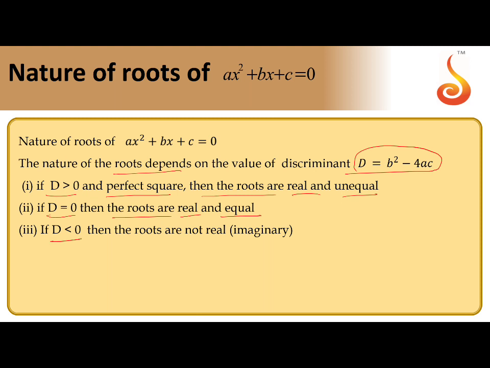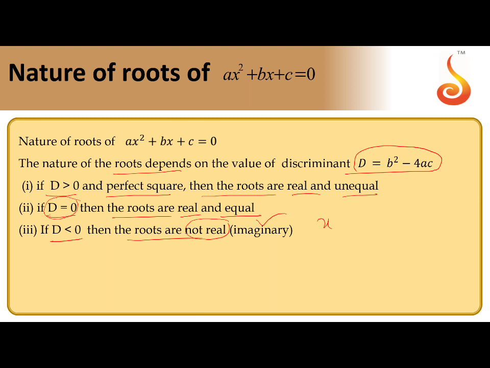If D is less than 0, the roots are not real; we call them imaginary roots. If D is positive and not a perfect square, then the roots are called irrational roots, which are also real roots. Clear?